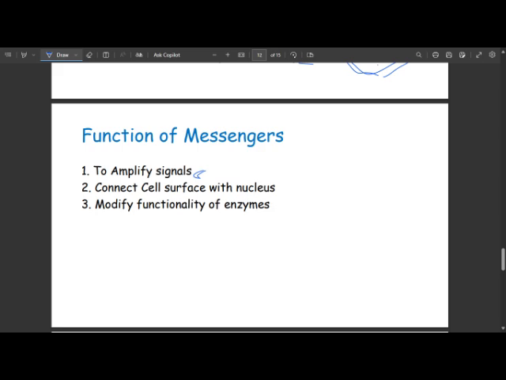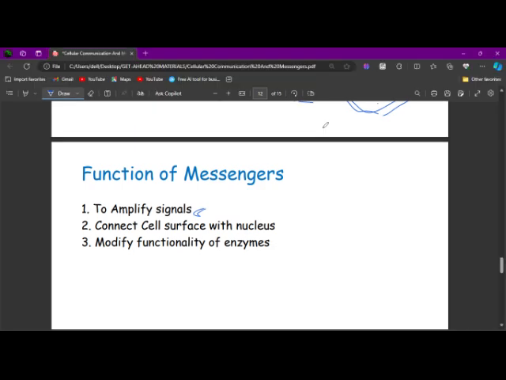And another function is to connect the cell surface to the nucleus. What do we mean here? Okay, the cell has to communicate through various means.